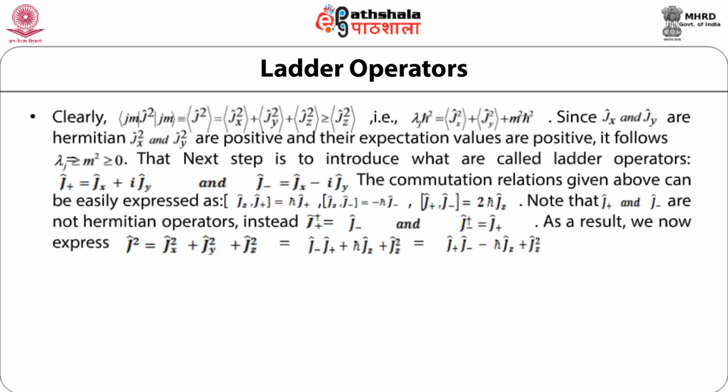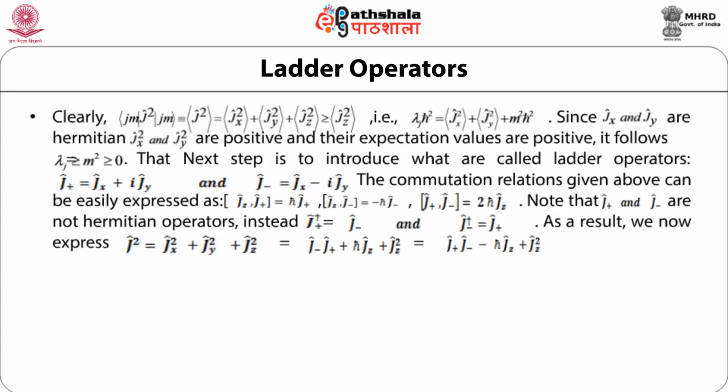That is, if we substitute the eigenvalues for the mean values of the operators J squared and J_z squared in the above equation, then we get lambda_j times ħ squared is greater than or equal to the mean value of J_x squared plus the mean value of J_y squared plus m squared ħ squared.